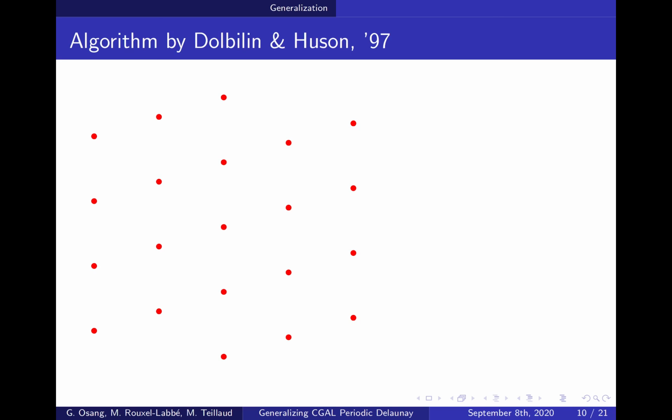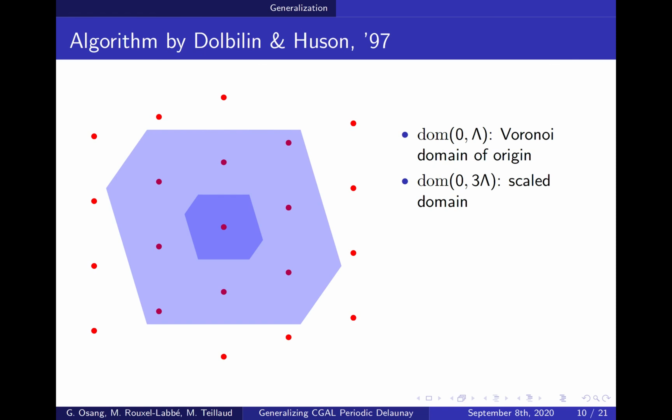So how do we solve this problem? There's one classic result that comes to our help, by Dolbilin and Huson. First off, each lattice point has a Voronoi domain, which is marked here in blue, the Voronoi domain of the origin. And we can scale this one up, by a factor of 3 in every direction.